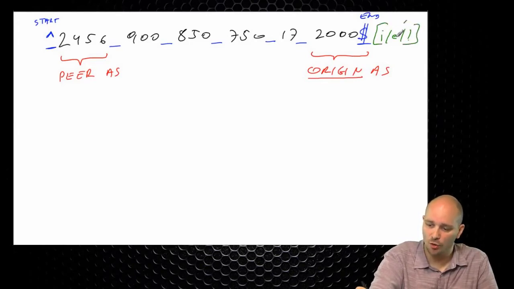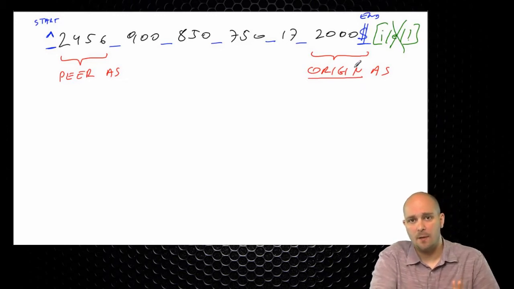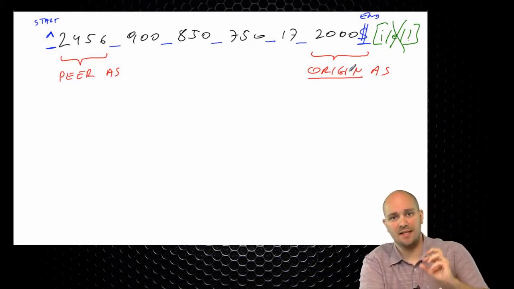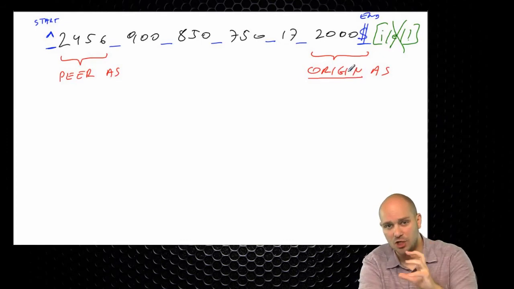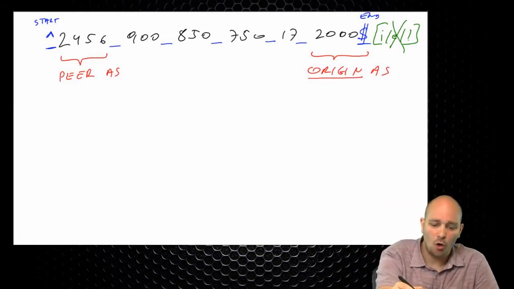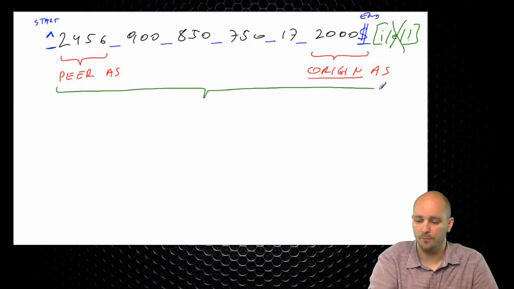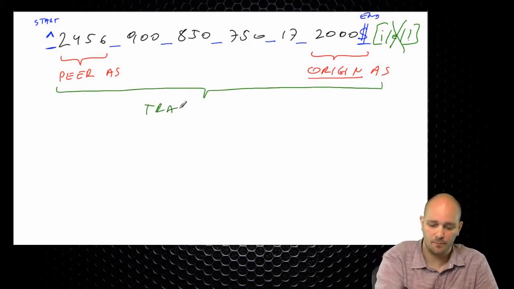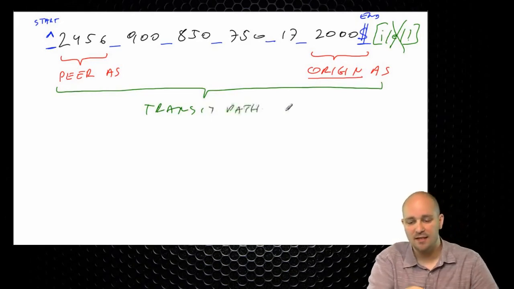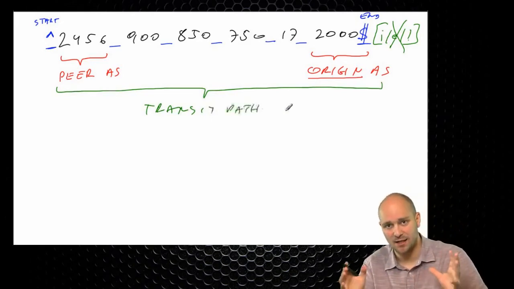So this is not the origin that I mean. The origin, as in which autonomous system this prefix was actually injected into BGP. And all together these make up the transit path. So this is the transit path that this prefix, which has this AS path list, has.